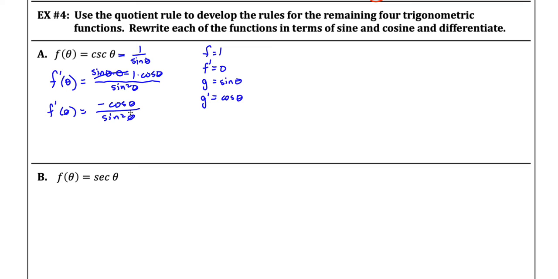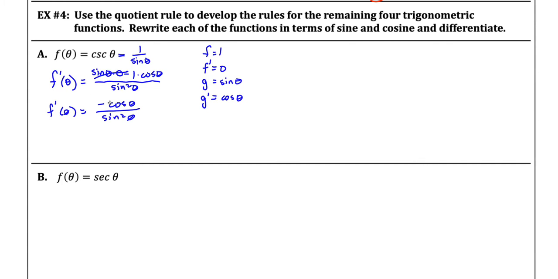Now, this isn't wrong. What you're going to find is, whenever you have trig functions, they traditionally like to write them all on the numerator if they can.